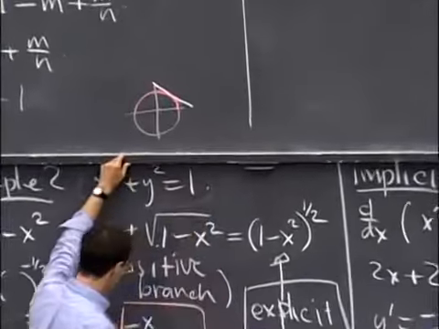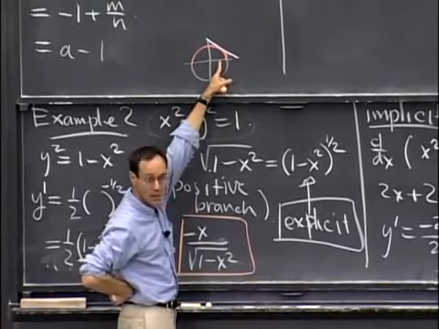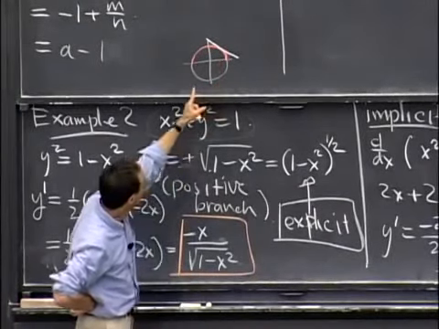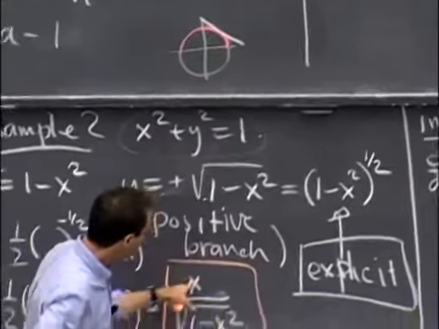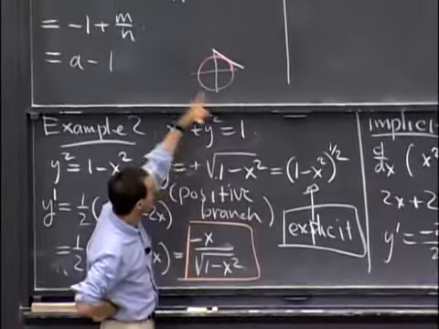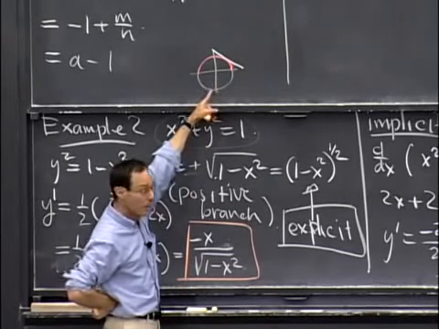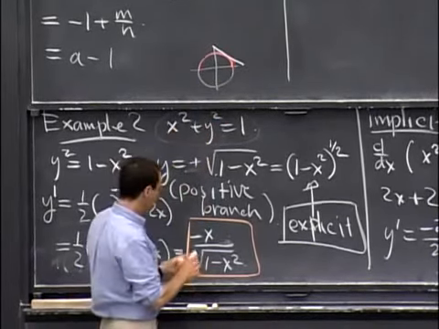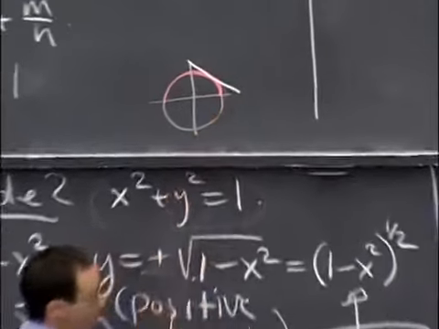Here's a slope. Let's just take a look at a positive value of x and just check the signs to see what's happening. If you take a positive value of x over here, x is positive, this denominator is positive, the slope is negative. You can see that it's tilting down. All right? So it's OK. Now, on the bottom side, it's going to be tilting up.